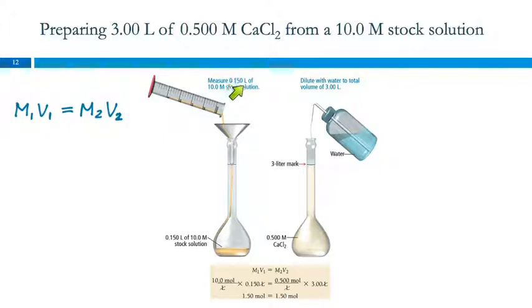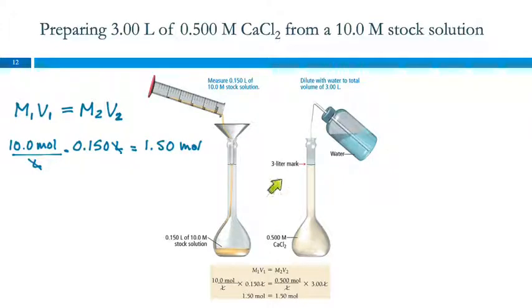I'm measuring out 0.150 liters of 10 molar stock solution. So that's 10 moles per liter, because that's what the capital M means, times 0.150 liters. The liters cancel out, and that gives me 1.5 moles. Yes.